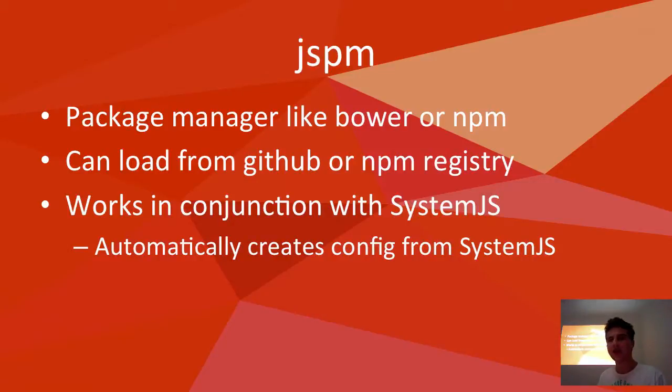The cool thing about JSPM is that it doesn't have its own registry. It doesn't reinvent the wheel. The NPM registry is already filled properly, and basically every project is on GitHub. With JSPM, you can simply install stuff from GitHub. That's super neat.